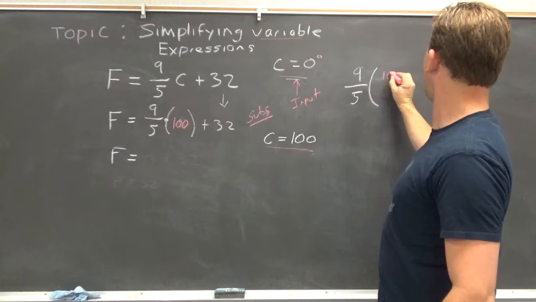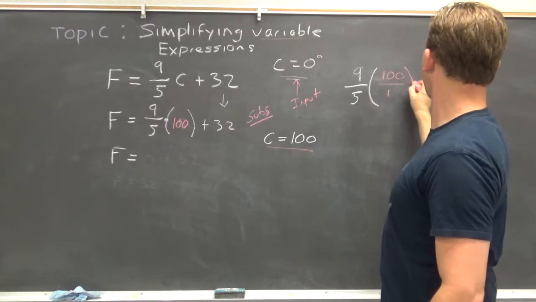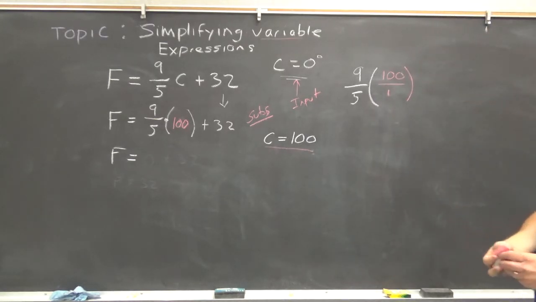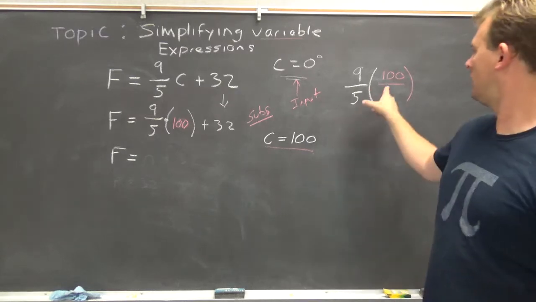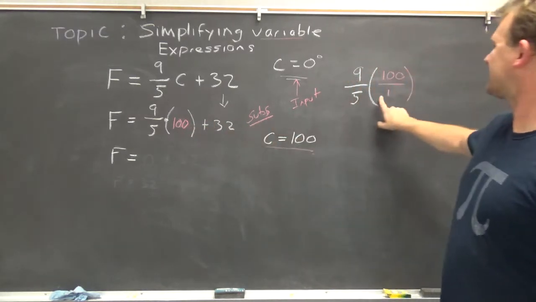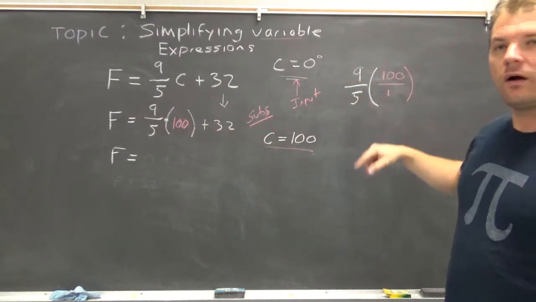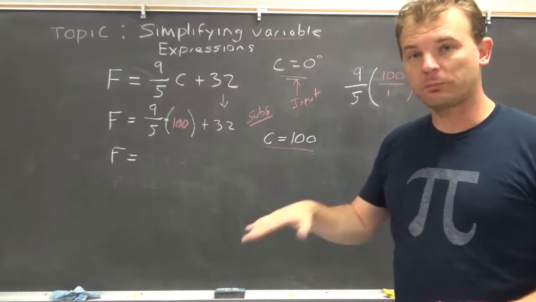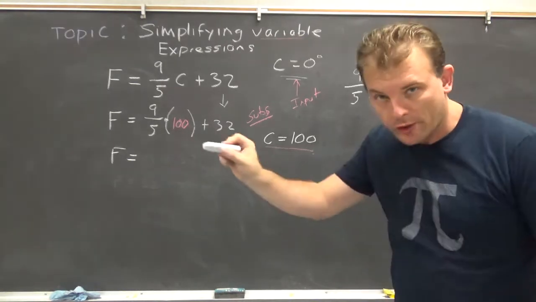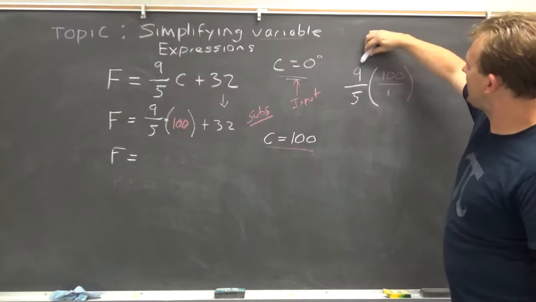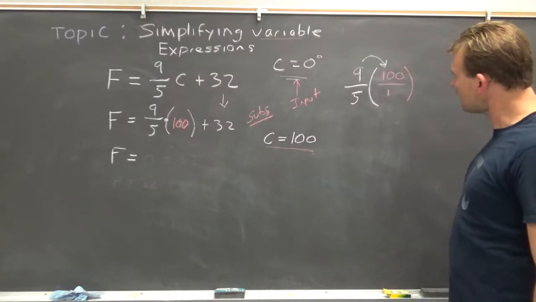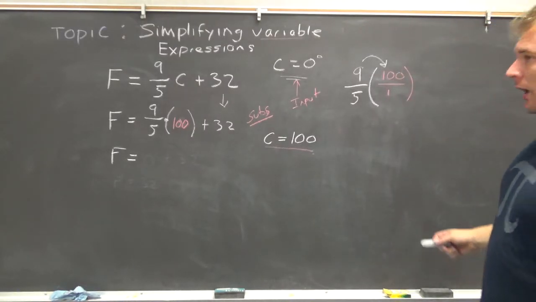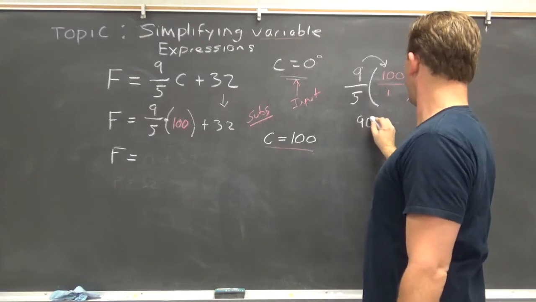Isn't it 100 divided by 1? Now, how do you multiply fractions? Just straight across. So 9 times 100 is 900.